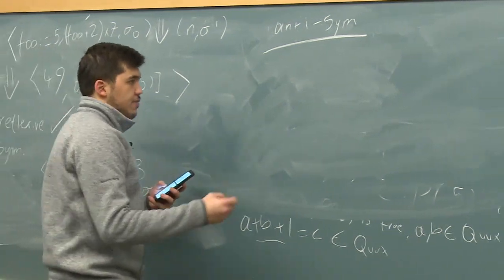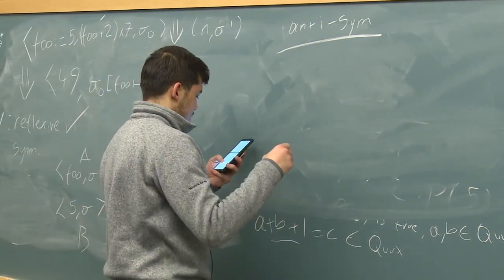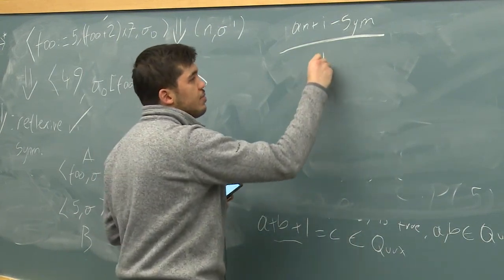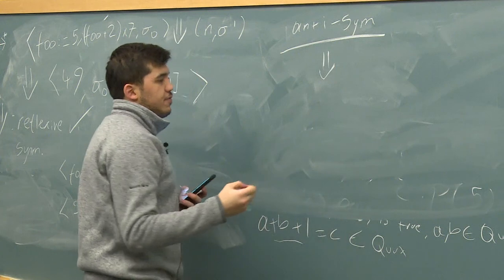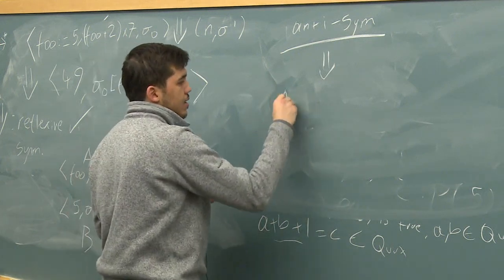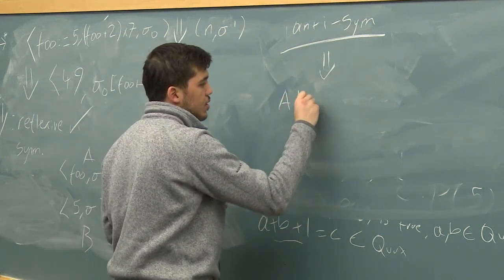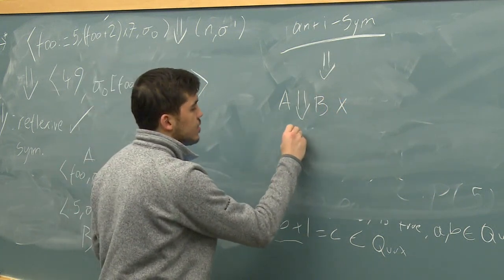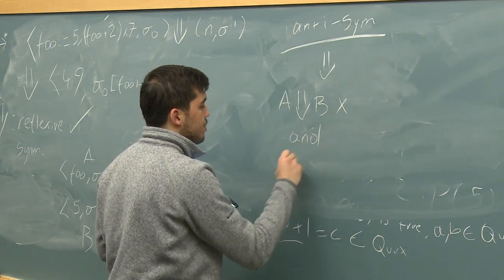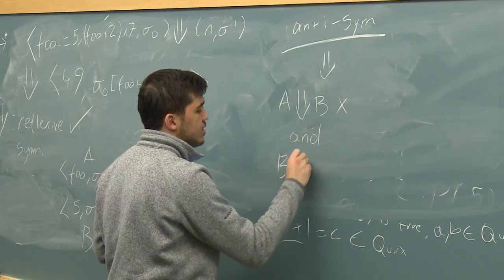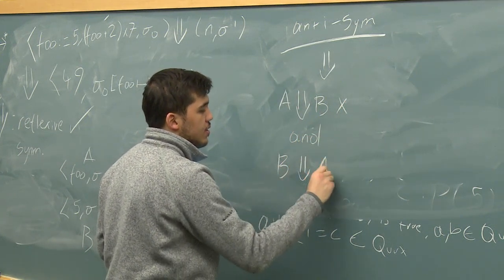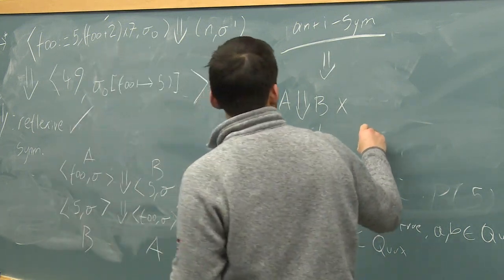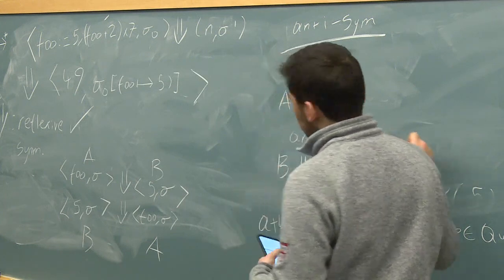If for our relation, large step, if A large step B is not possible, and B large step A is not possible, then the relation is antisymmetric.